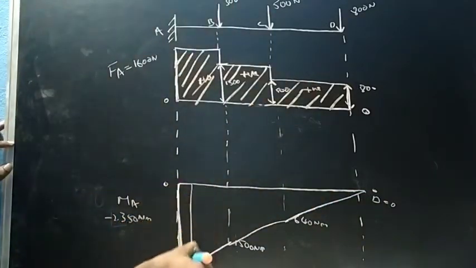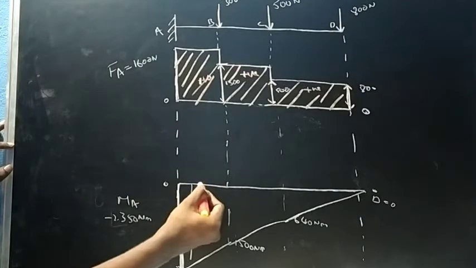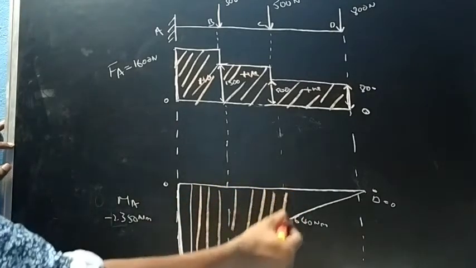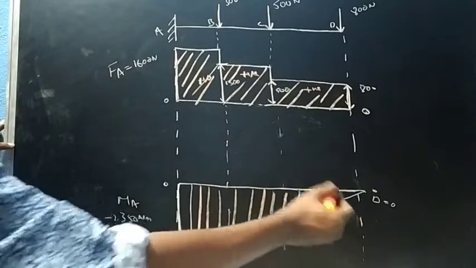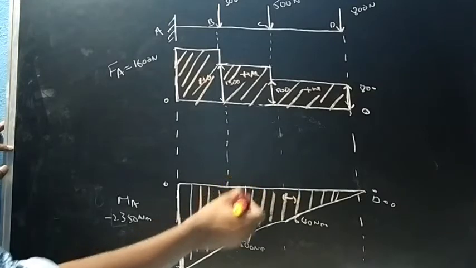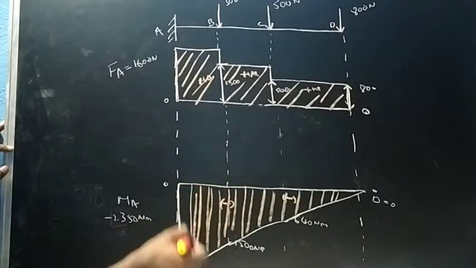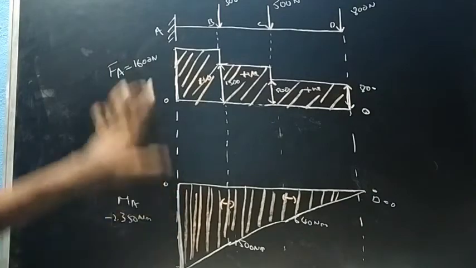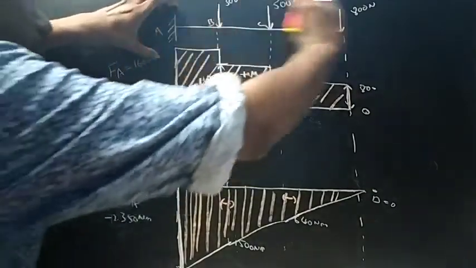So this is your bending moment diagram. Okay, this is your bending moment diagram. So which is negative, negative. All the values are negative. So you can see here the maximum bending moment is at A because it is going to carry all the loads.